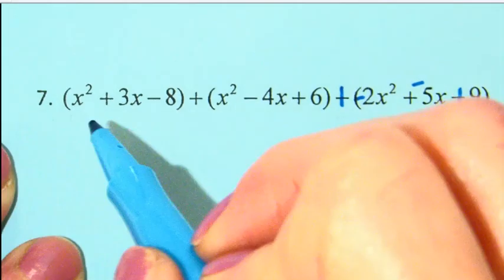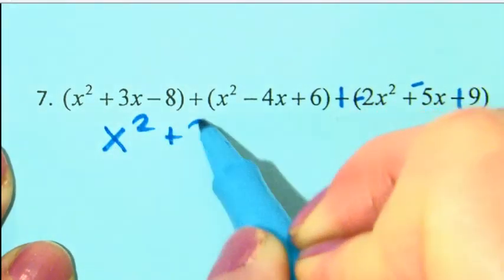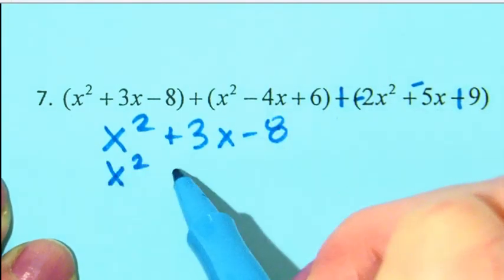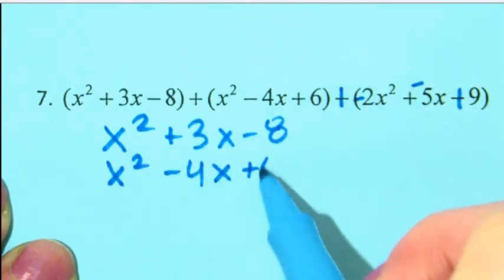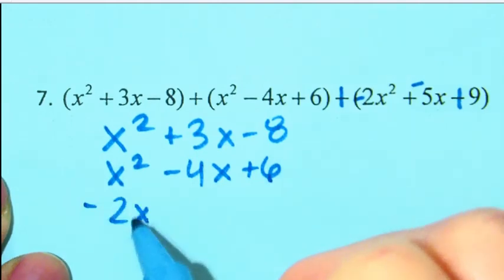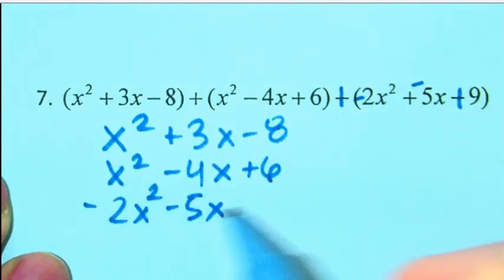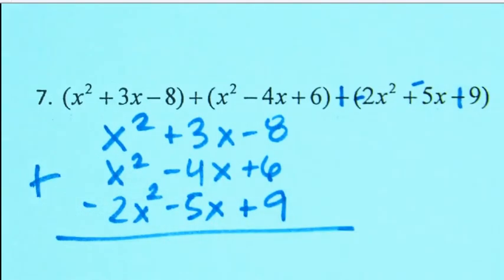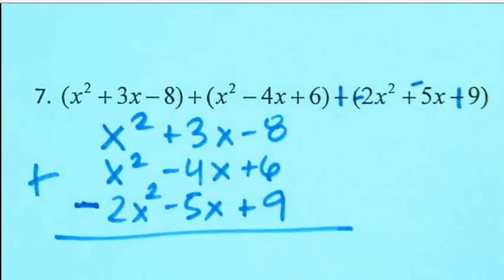So now all I have to do is take my x squared plus 3x minus 8, and then just start stacking. And add them up. It's the same as number 1. Does that make sense? So that's as hard as it gets.